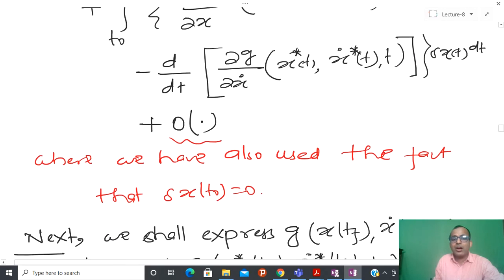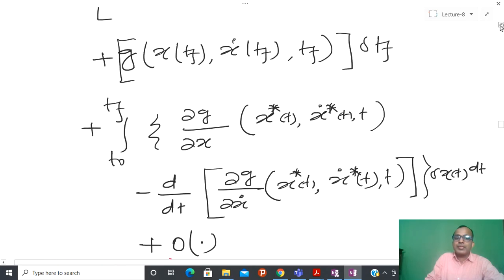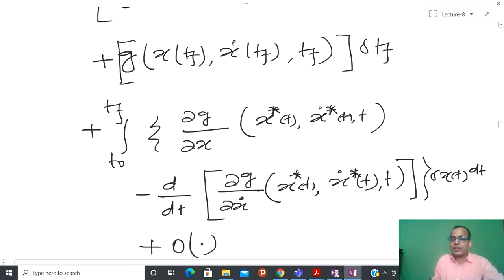Now everywhere we are assuming this kind of condition, because when I have started, t0 is known and xt0 is known. So the variation delta xt0 is 0, and based on that we have derived this kind of expression.